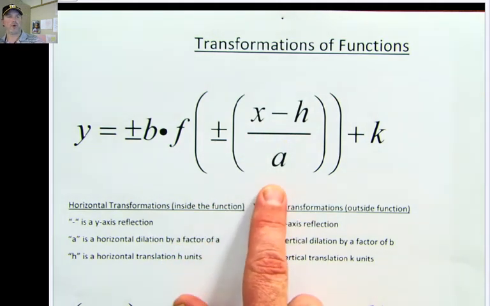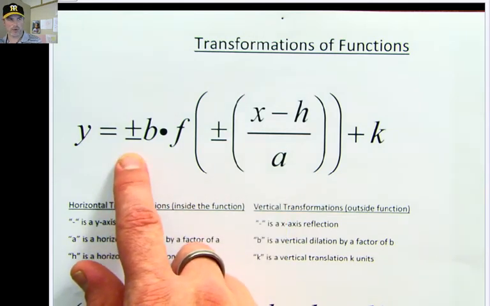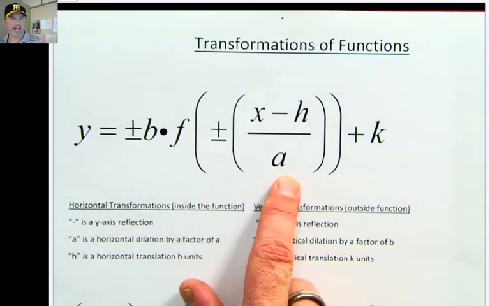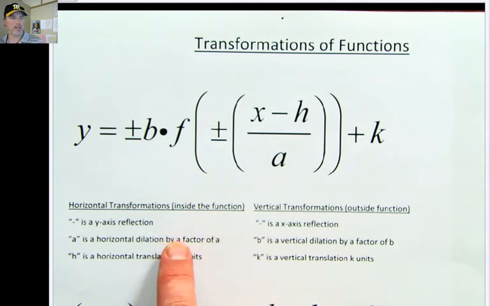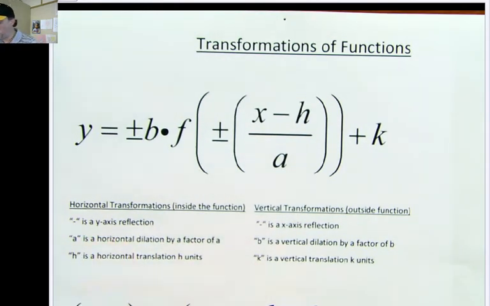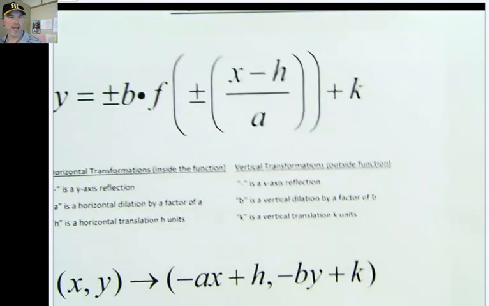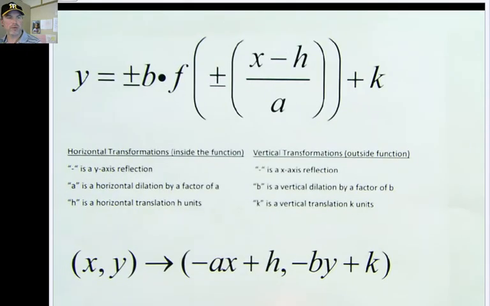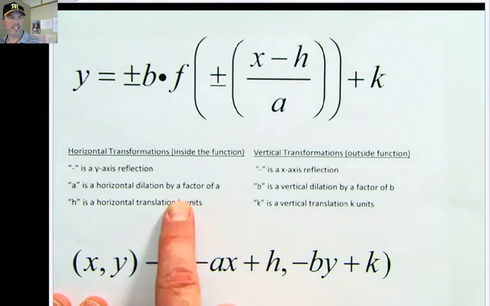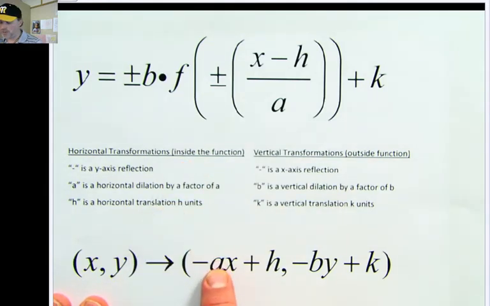Or instead of being multiplied, which gave us the vertical dilation, on the inside it's dividing that will do it. But then, if you have these transformations, what does that physically do to the xy coordinate? Well, on the inside, that affects the x. If there's a reflection, you'd go with the negative x.